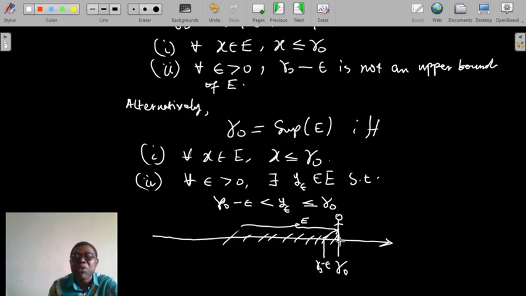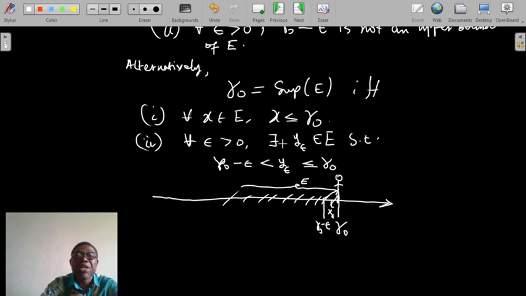On getting to this position, since gamma naught minus epsilon is no longer qualified to be an upper bound, there must be something that lies in between the person's leg. Call it x epsilon. That x epsilon is a member of the set E and is such that it is less or equal to gamma naught, but strictly greater than gamma naught minus epsilon.